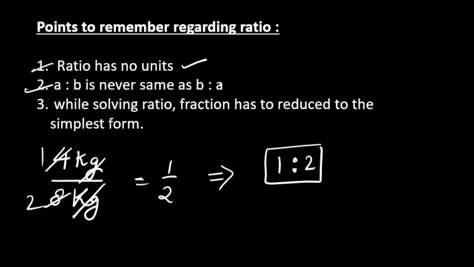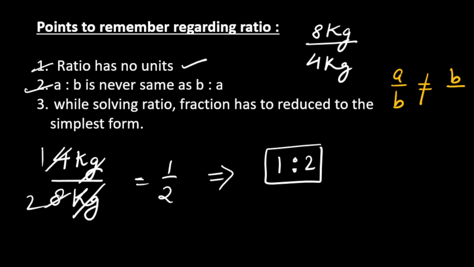But if I just do its reciprocal, I can write it as 8 kg by 4 kg. See, A is to B, we can write as A by B, which is not same as B is to A, means B by A. These two dots mean we just have to write this division.